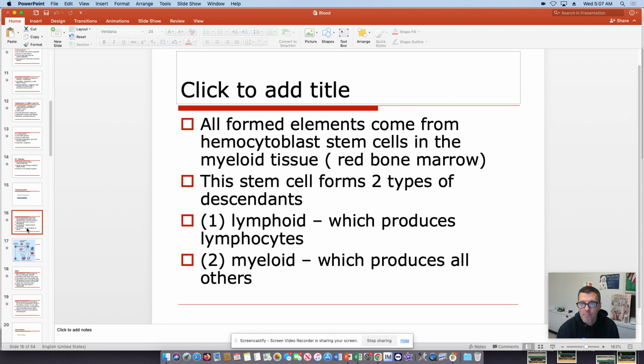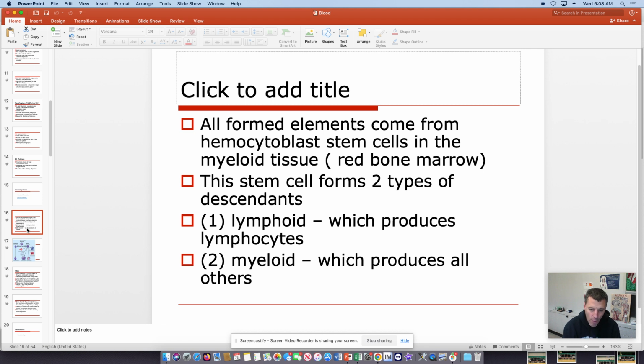If you remember from back with the skeletal system, we said osteoblasts are bone building cells. Clasts break down and blasts build up. So hemocytoblasts are stem cells in the myeloid tissue of the red bone marrow. Two types of descendants are shown: hemocytoblasts can become lymphoid cells and myeloid cells.